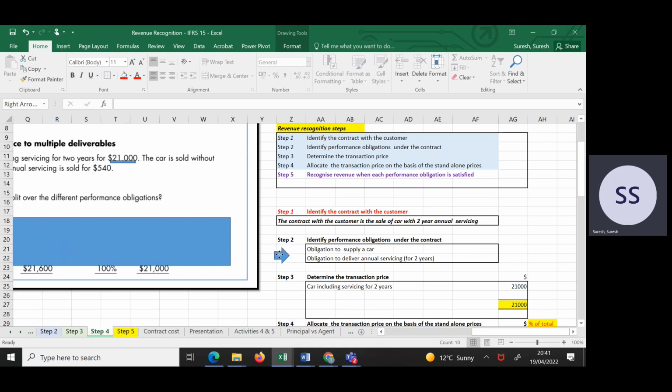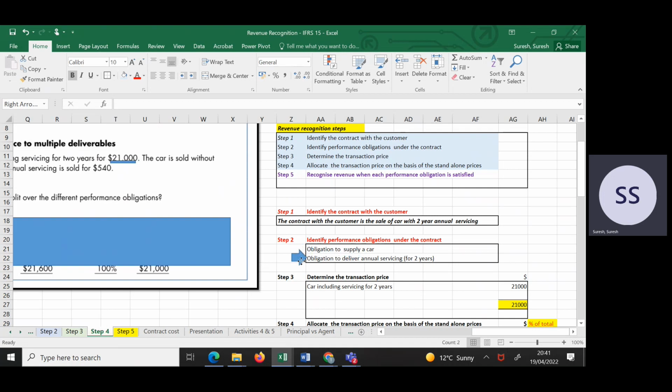That's the first one. The second step is that we need to identify the performance obligations, right? The contract is to sell the car with 2-year annual servicing. So the performance obligations are what? First, we have an obligation to supply a car.